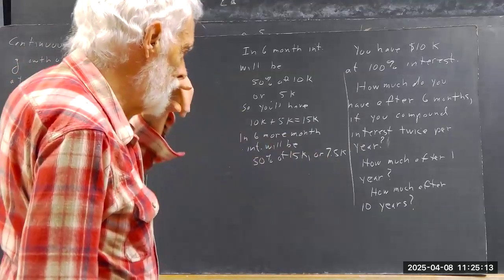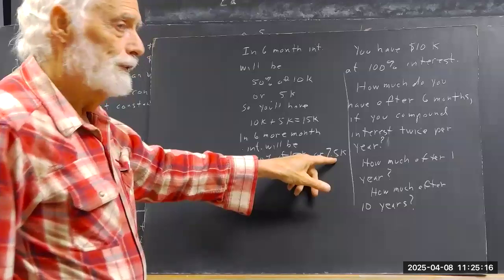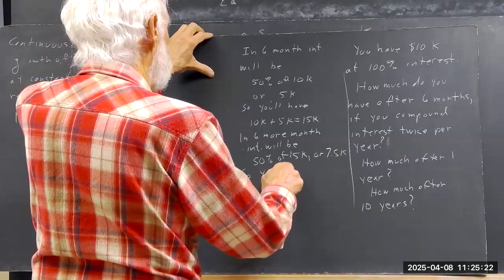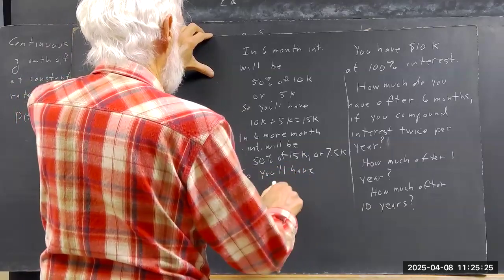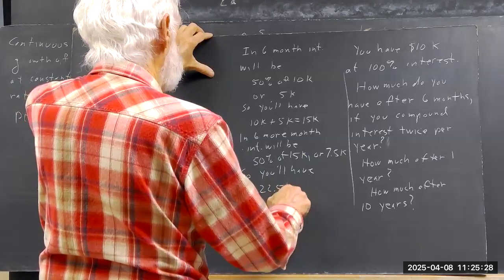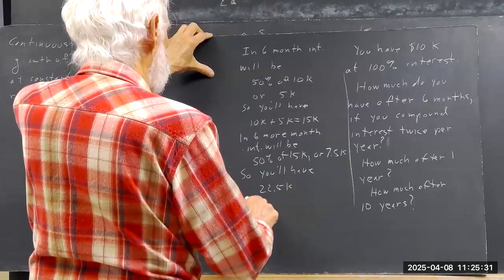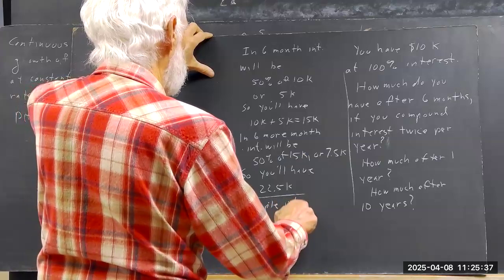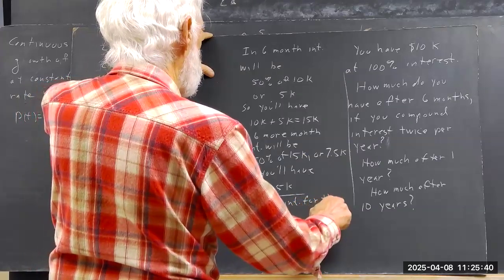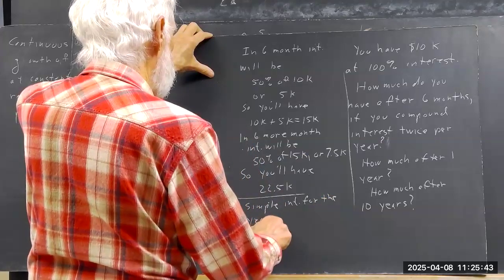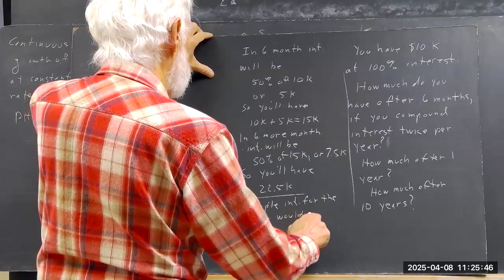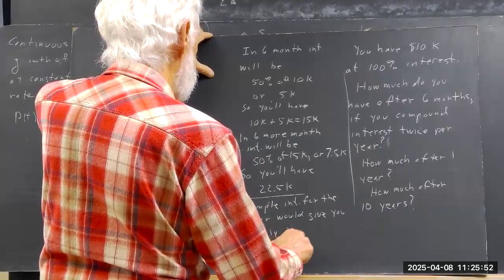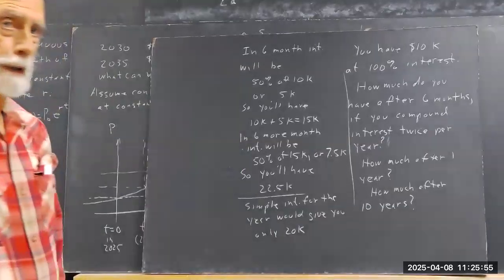It'll be 50% of the 15K. 10% is 1.5K, so 50% is half of that, 7.5K. So you'll have 22.5K. Simple interest would only give you 20K.